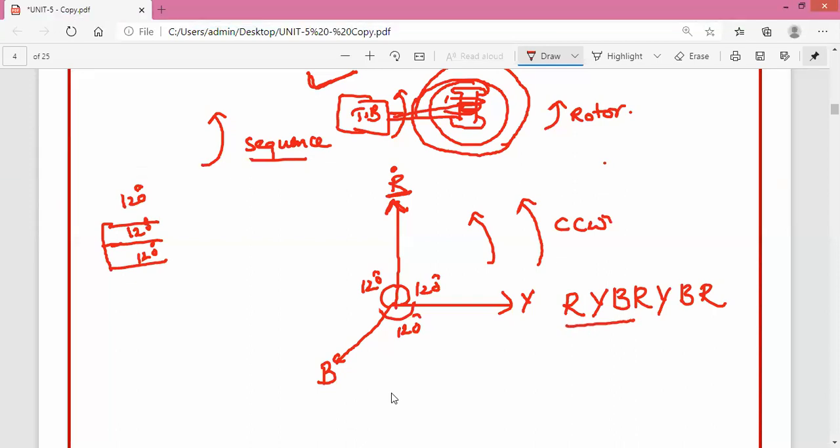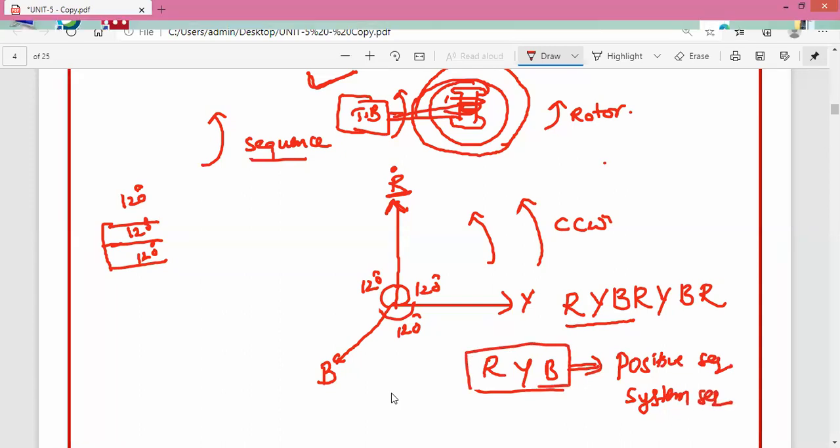So this is called the positive sequence components. R, Y, B are called positive sequence components, because the sequence generated by the rotor rotation is called the fundamental sequence, primary sequence, positive sequence or system sequence. These are the basic sequence taken as a reference.